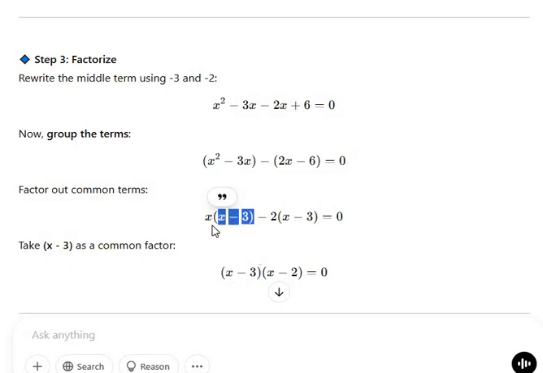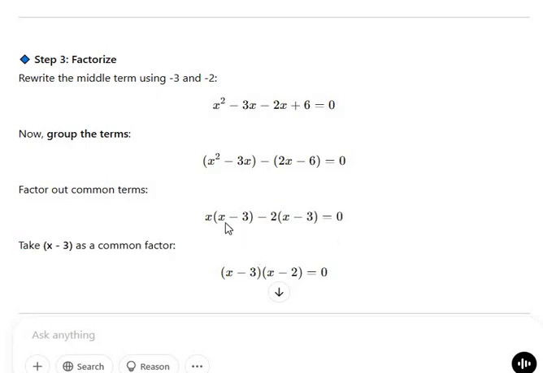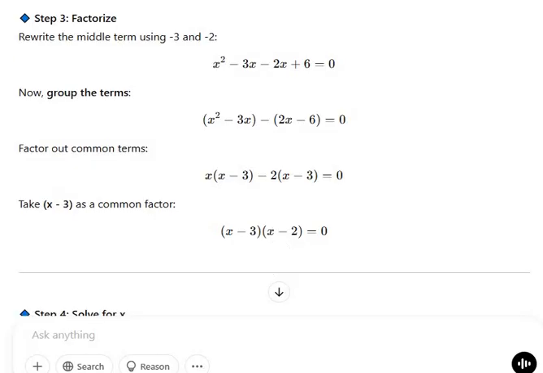I will take another bracket and write x here. Here we have to write x minus 3 only one time. Now the remaining number is 2, so I will put it into the next bracket, x minus 2. It means simply the same bracket I have removed from both, and the remaining factors I have put into another bracket. So this is our factorization.